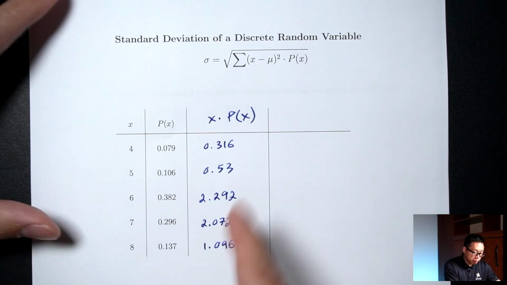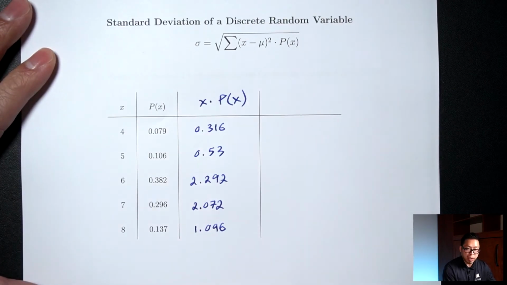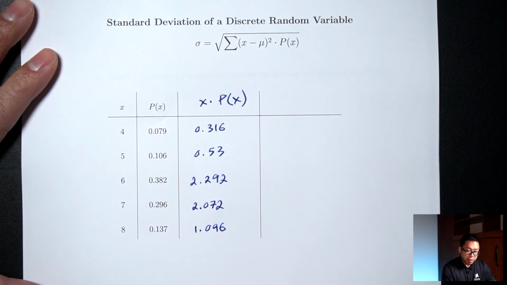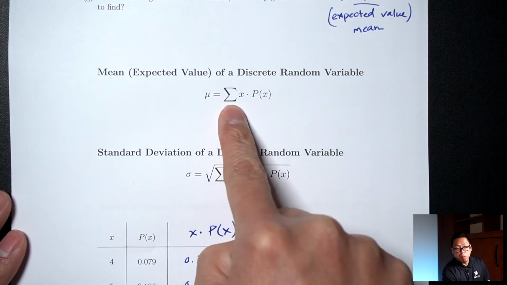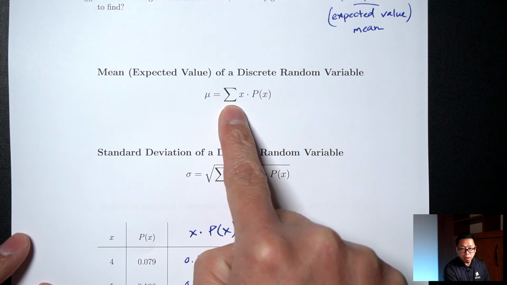Okay, so what we've done so far is this part, x times p of x. We've got a column of numbers. This symbol, which we've seen before, is the summation symbol. That's saying to add up all those numbers.